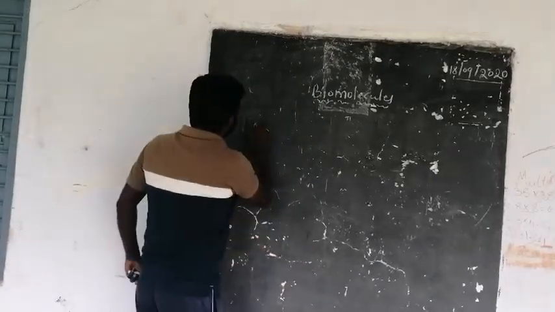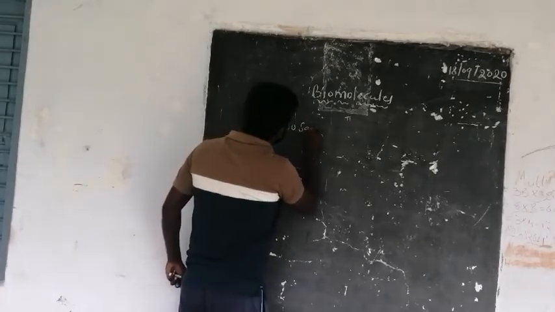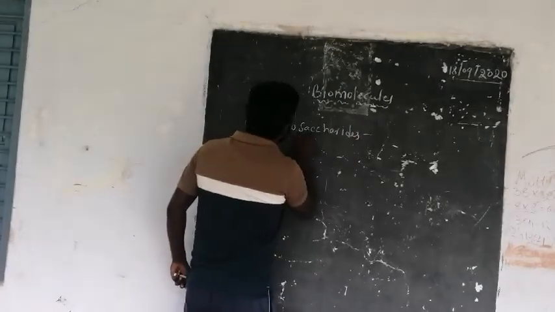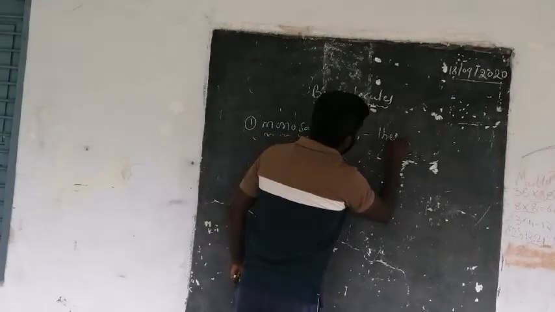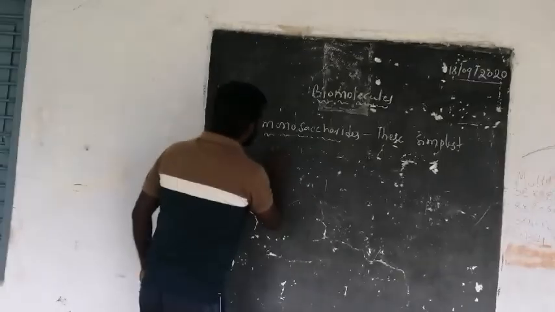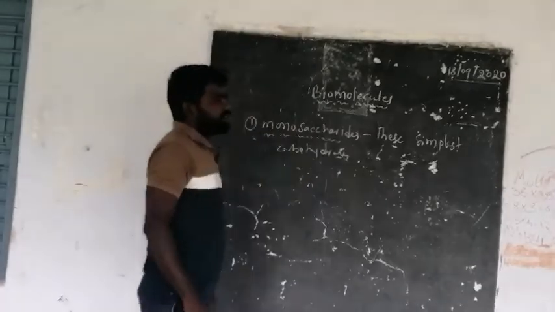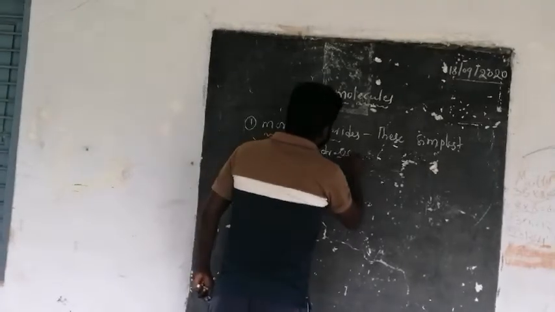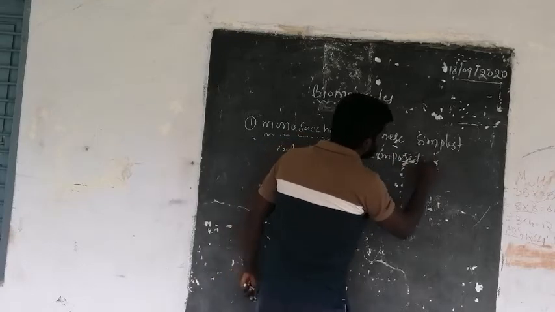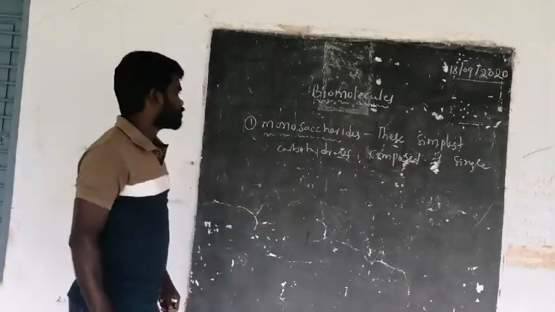First, monosaccharides. These are the simplest or simple carbohydrates.